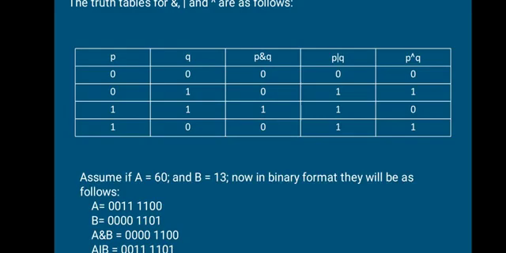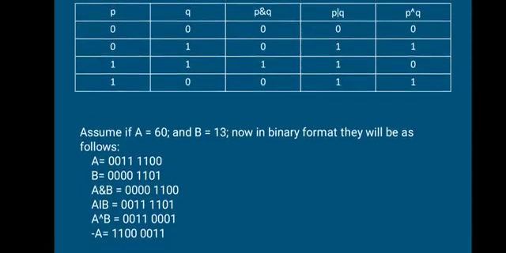So here, if you take A equal to 60 and B equal to 13, the binary value of A is 0011 1100 and B is 0000 1101, that is 60 and 13.